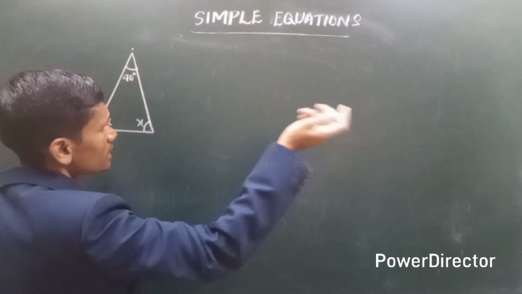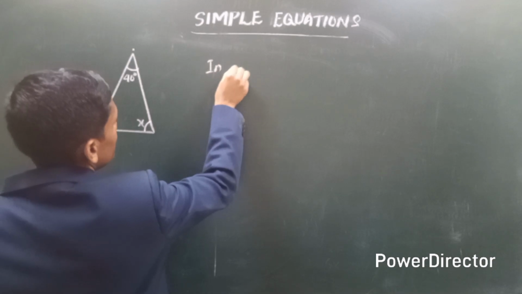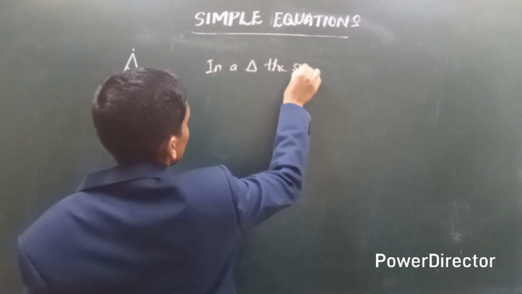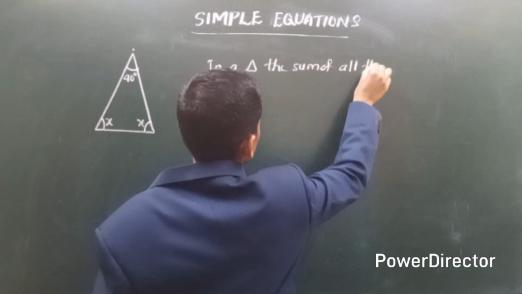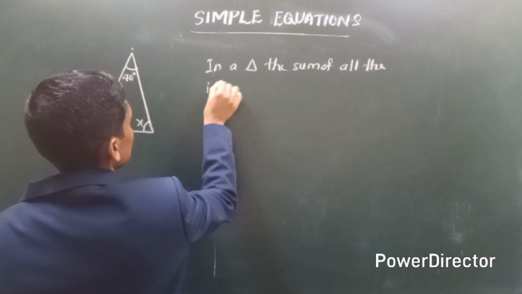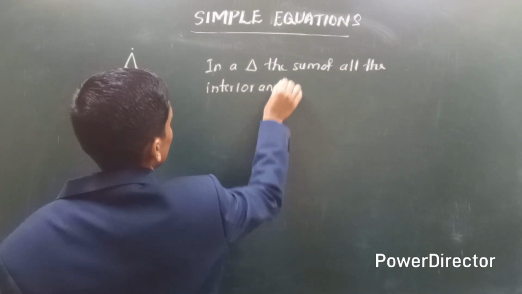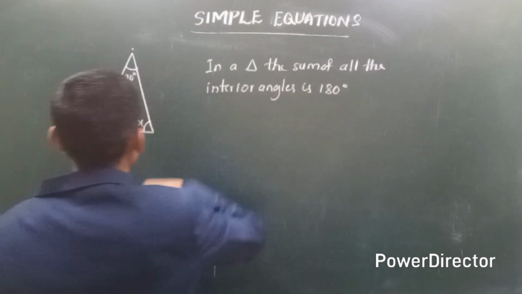As you already studied in your previous classes, in any triangle, the sum of all the interior angles is 180 degrees, right? This you already learned.